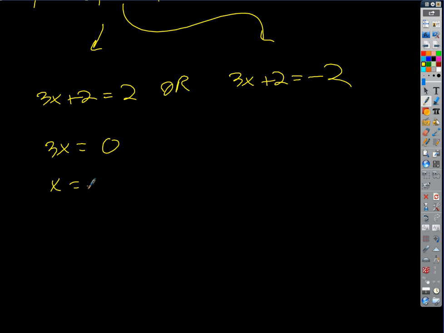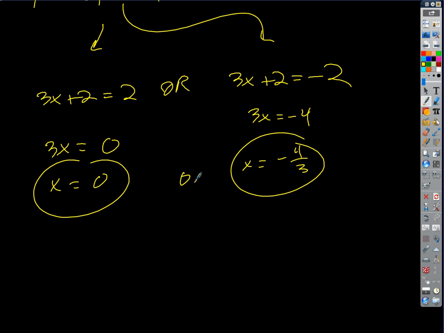We can't divide by 0. But 0 divided by anything else is 0, right? So I just end up with x equals 0. What about over here? Subtract 2 and I get -4 on this side. Divide by 3 and I get x equals -4/3. So those are my 2 solutions.